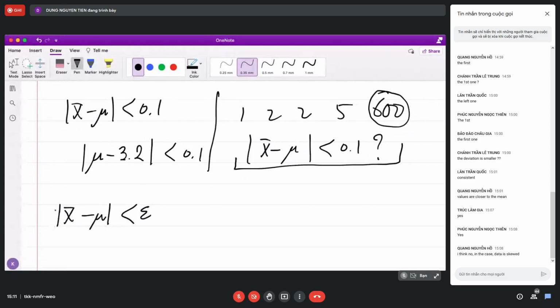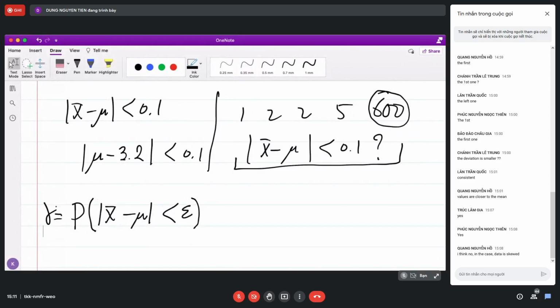So I want to find the probability that this is true, and I denote that by gamma. Is it all clear?